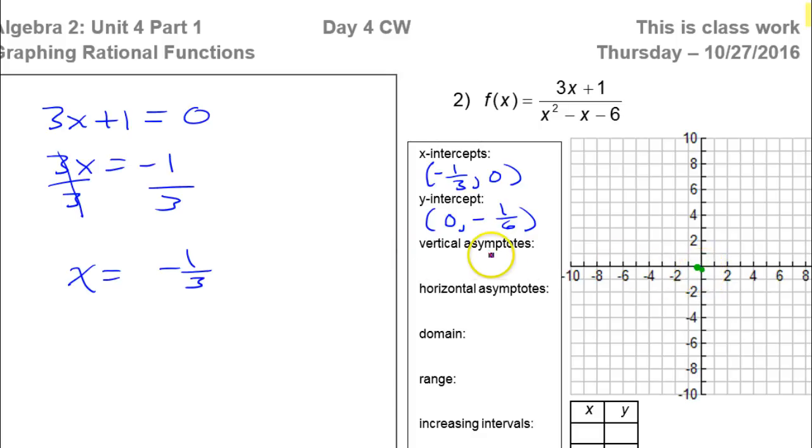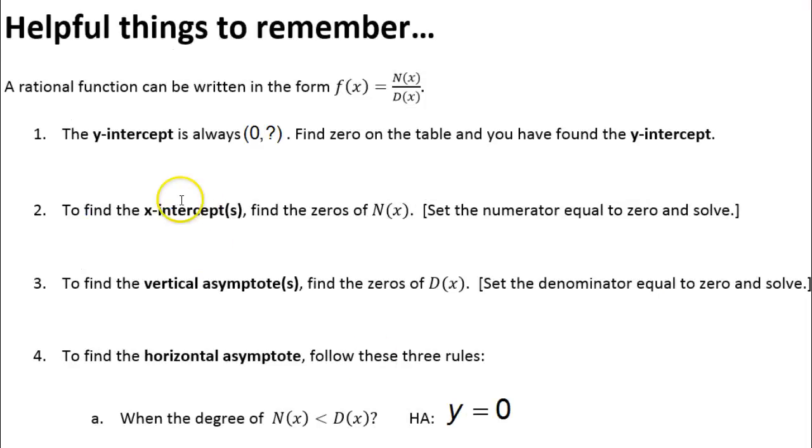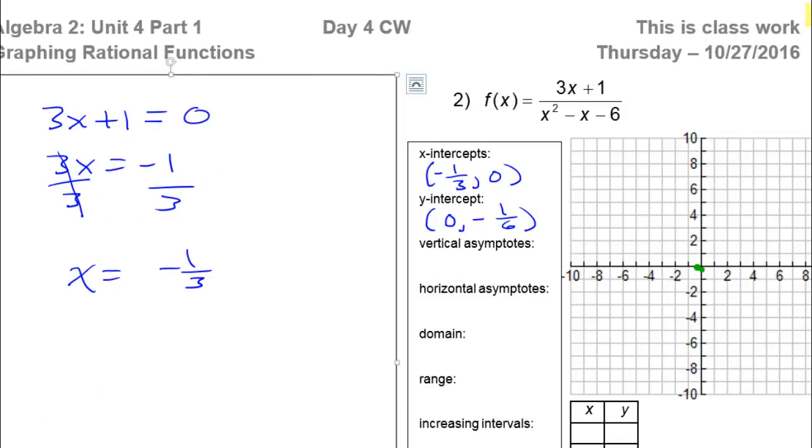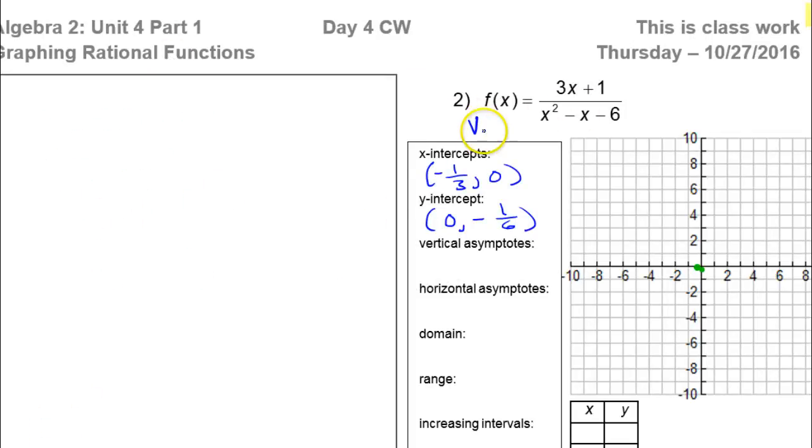So let's keep going. Next we have vertical asymptotes. How do we find vertical asymptotes? You find the zeros of the denominator. In other words, set the denominator equal to 0 and solve. So the vertical asymptotes are going to come from the denominator.